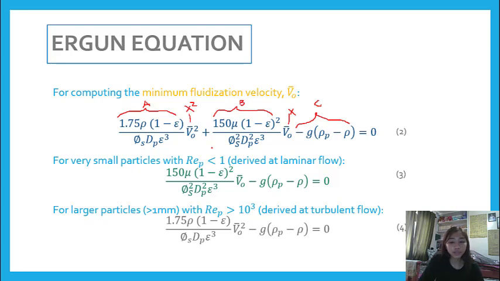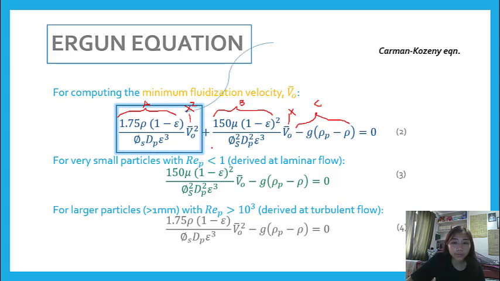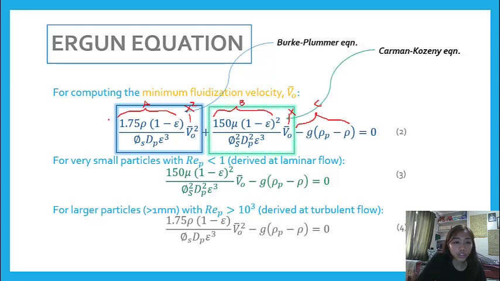And actually this Ergun equation is divided into two. Once we isolate this part of the equation, it is called the Burke-Plummer equation.